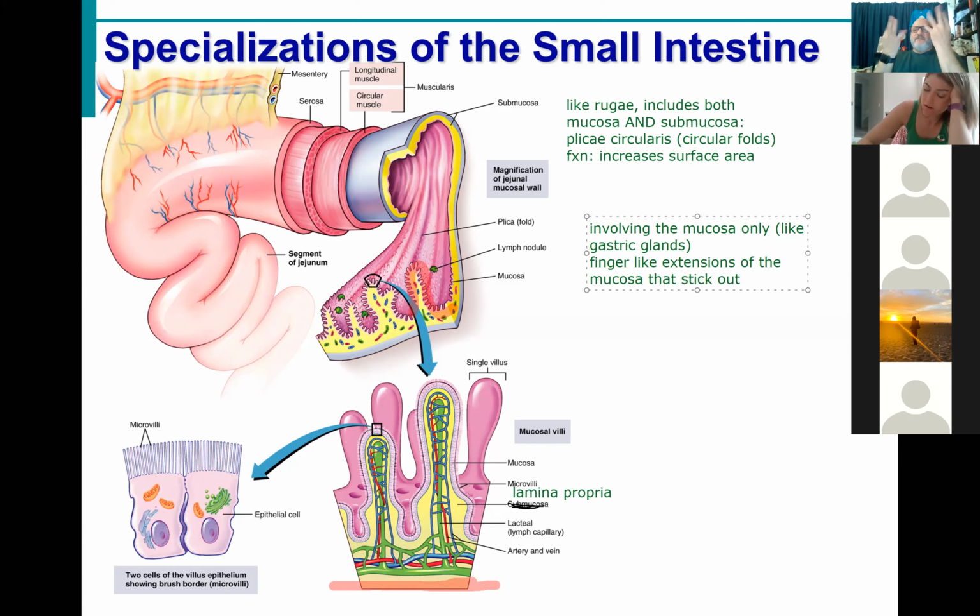And what do we call these finger-like extensions of the mucosa that stick out? Villi, absolutely. And what is their function? Increase surface area.